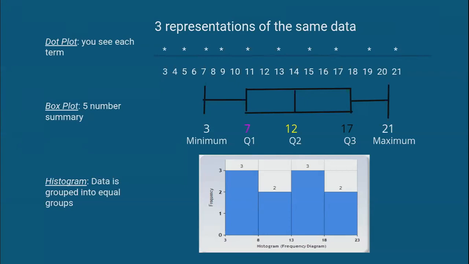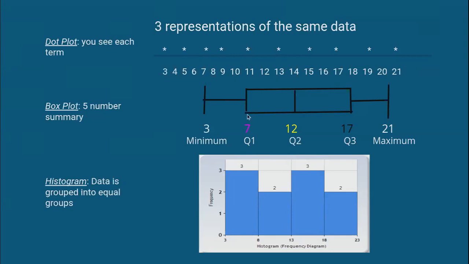The strength of a box plot is it's a summary. So you don't necessarily need specifics like you get from a dot plot. Okay, you just need a summary. You just need to sort of see where the data is. So from a box plot, you can clearly see the lowest value, the highest value.